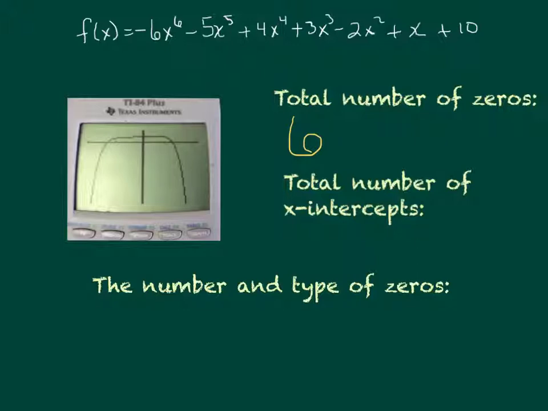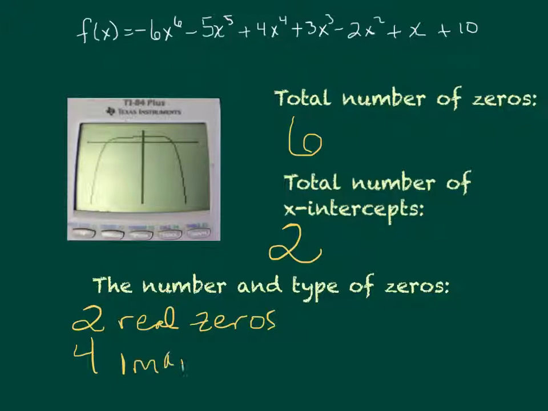There are 2 x-intercepts, and so there are going to be 2 real zeros and 4 imaginary zeros. 2 plus 4 equals 6.